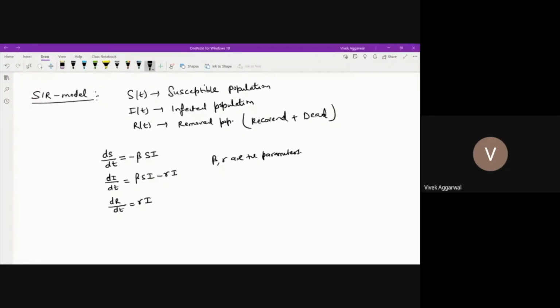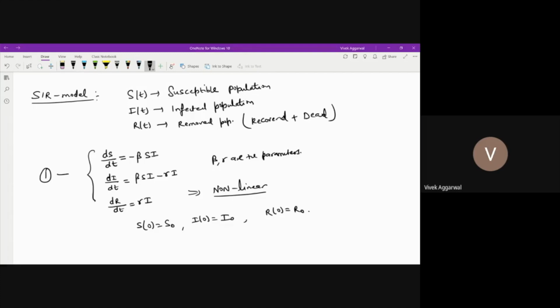Now, if you see from here, this is my complete model, and we have variables S, I, and R. On the right hand side we have a multiplication of S and I. So I can say this model is non-linear, because we have a multiplication of S and I. I will define my initial conditions: S0, I0, and R0.